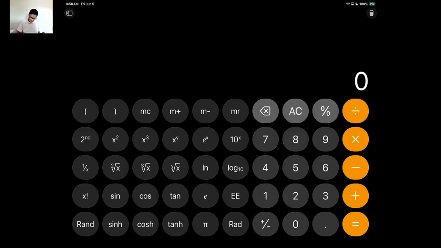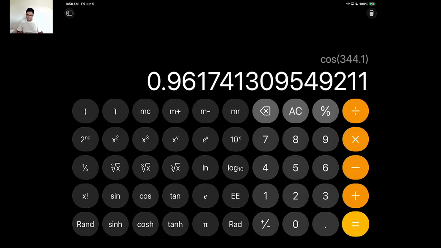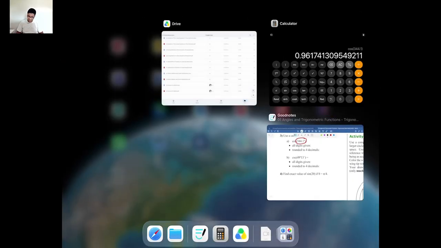So what are we doing here? 344.1 cosine, sorry, the parenthesis has already opened. 344.1 in degrees, it is in degree mode already, and it turns out to be 0.96174. I'm going to remember that.